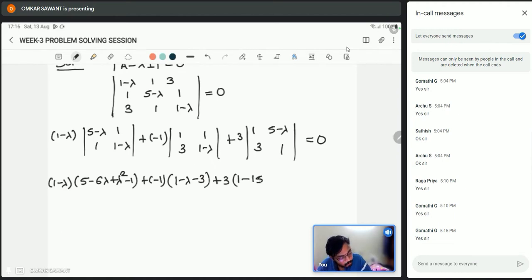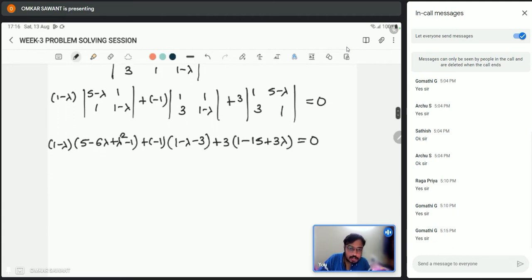This is a very simple finding of the determinant, right? What is the equation?